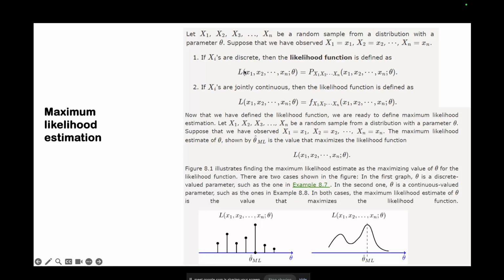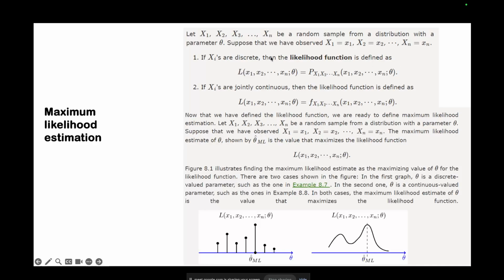The likelihood of x1, x2, up till xn, given theta, is the probability of X1, X2, X3, Xn having these particular values given by theta.